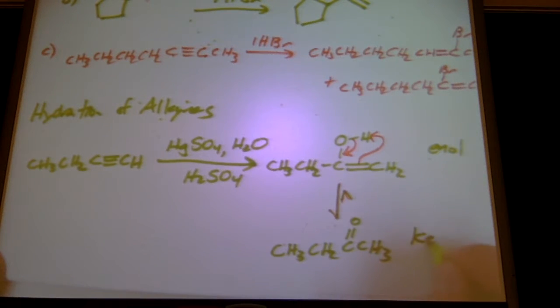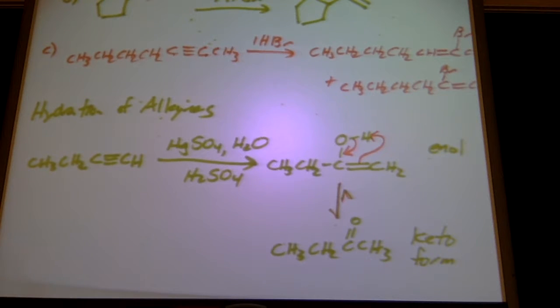In this keto form, well, it's called the keto form because it has a ketone, is more stable. So that equilibrium, this reversible reaction, will strongly favor the keto form in most cases.